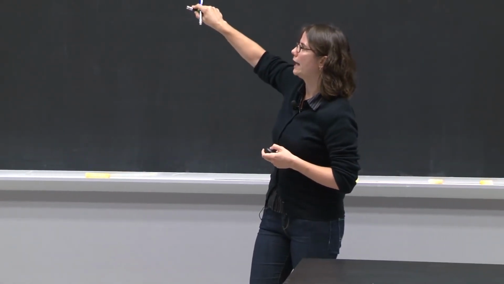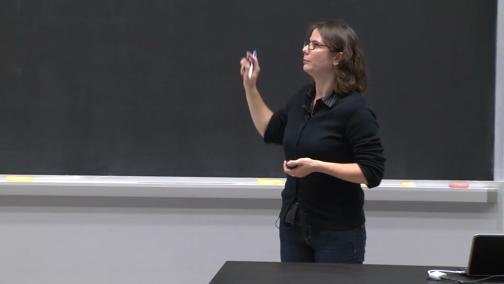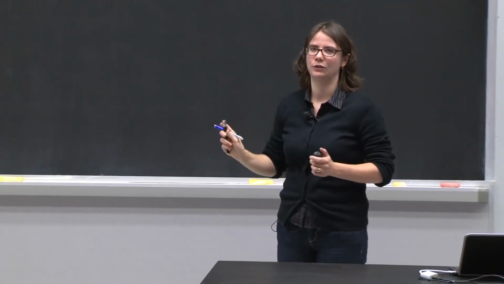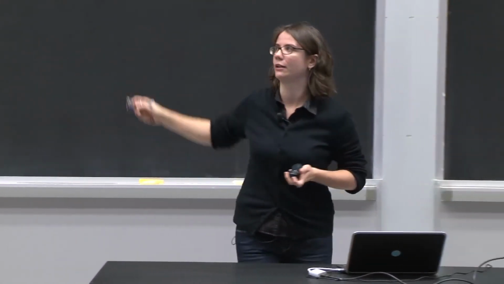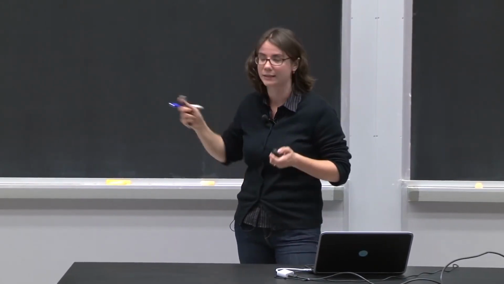So the solution to that is to make a copy of the list first, iterate over the copy, which will remain intact, and modify the list that you want to modify inside the loop. So please run both of these in the Python tutor, and you'll see that what ends up happening is on the left, you're going to skip over one element. Okay, so that's going to be the wrong code. All right.